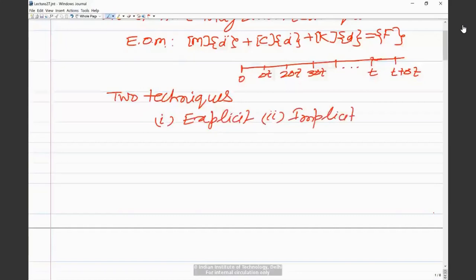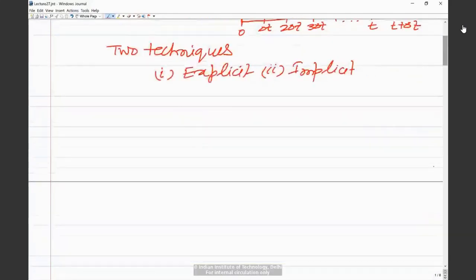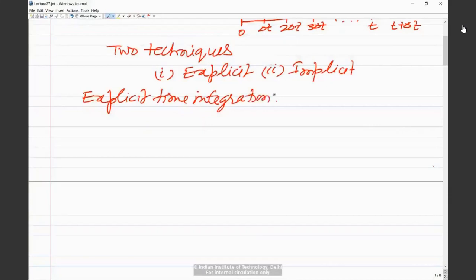I will discuss one technique under each of these. In the case of explicit time integration technique, the main thing is that we have got the solution up to t, and we want the solution for t plus delta t.